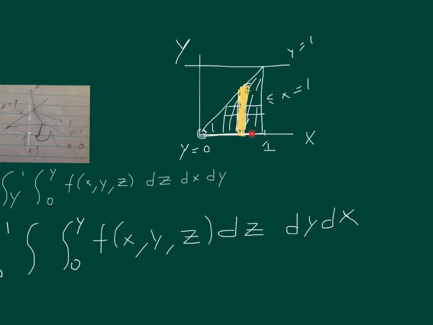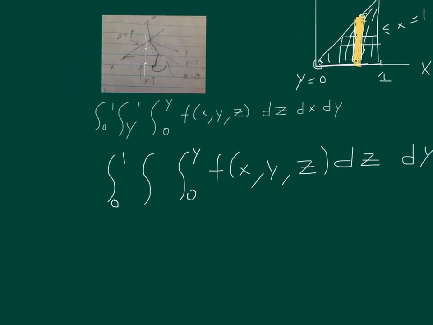We go from this function here, which is actually the x-axis, whose function in terms of y is equal to 0, and it goes from y is equal to 0 all the way to the top of this line here, which we identified earlier as y is equal to x. So in terms of y it would range from 0 to x. And so that's what we can put for our second integral here.